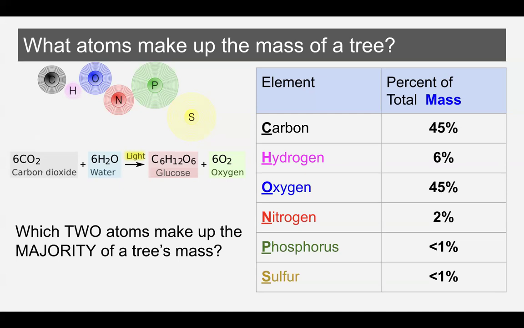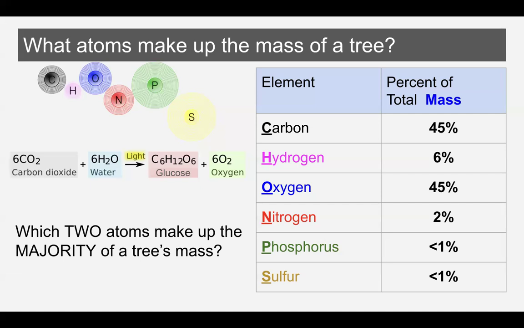So carbon is 45% of the mass of a tree. Hydrogen is 6%. Oxygen is 45%. Nitrogen is 2%. And phosphorus and sulfur are each less than 1% of the mass of a tree.